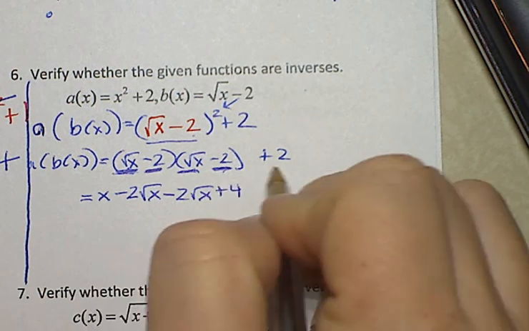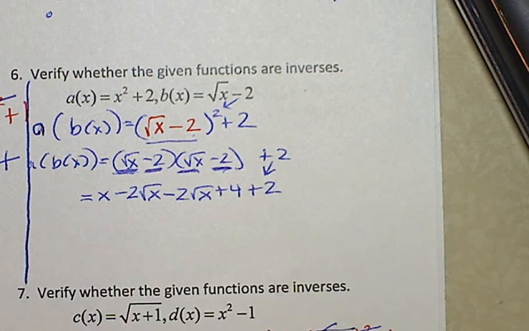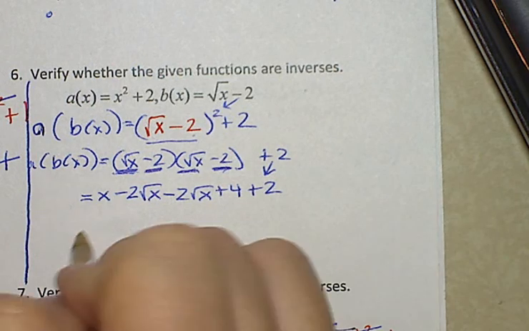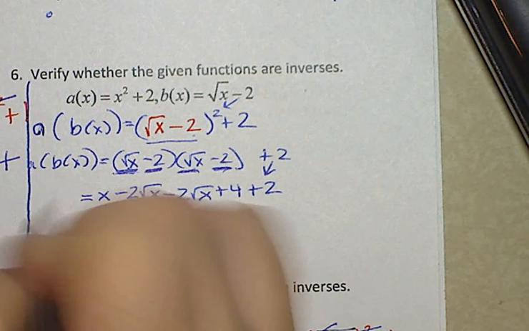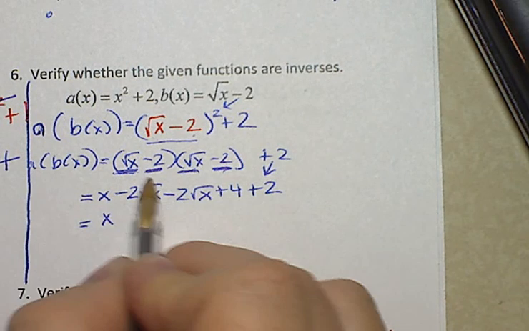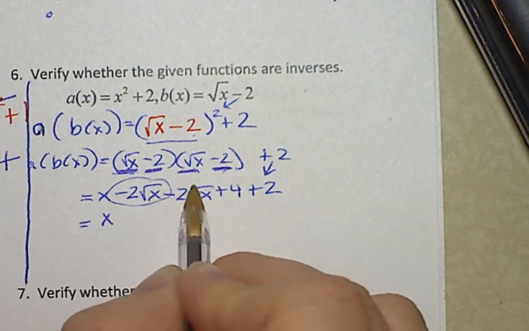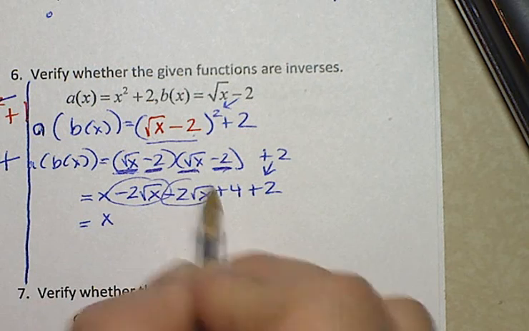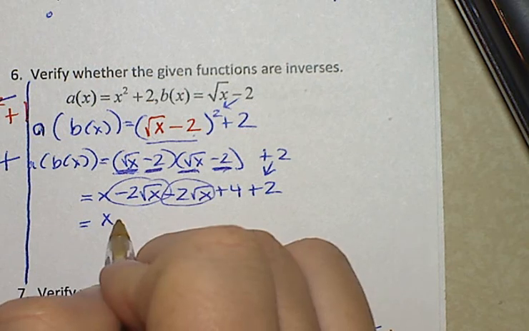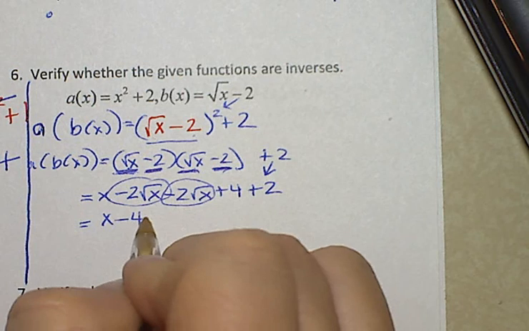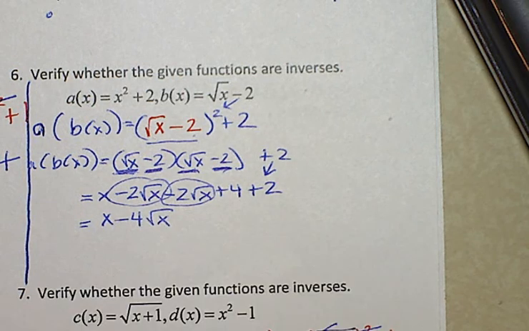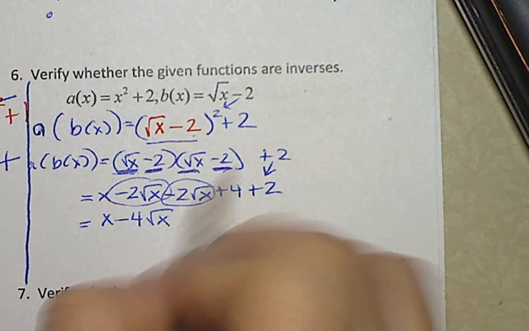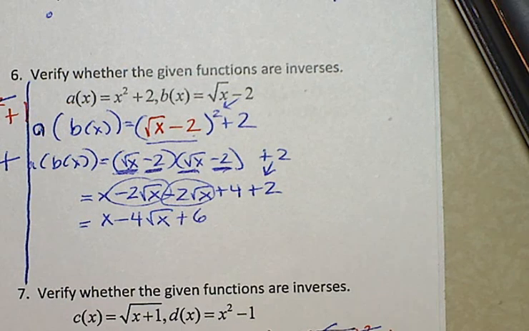Don't forget to bring down the +2. Okay, let's combine like terms. There's no x's by themselves, so I bring down x. I can combine -2 square roots of x and -2 square roots of x to give you -4 square roots of x. And 4 plus 2 is 6. There's nothing more I can do to simplify this.